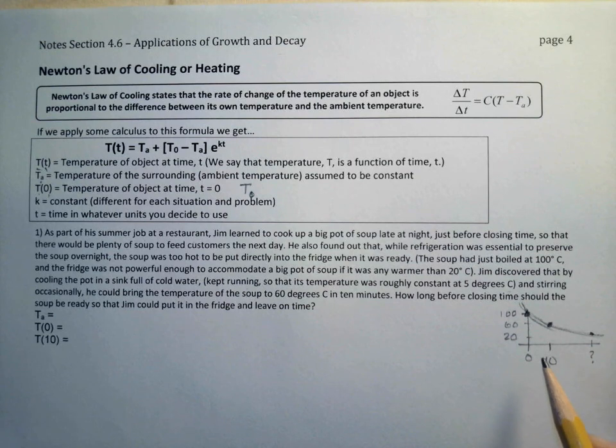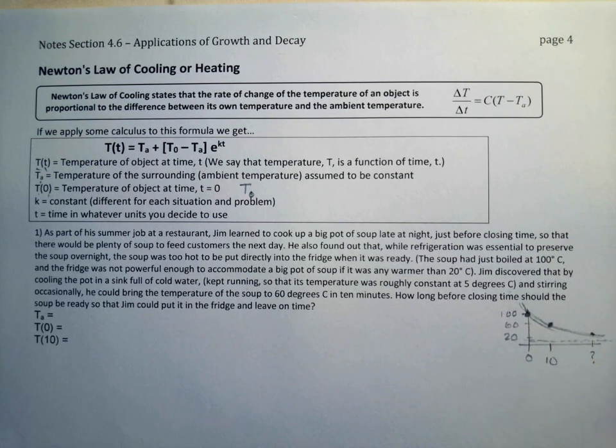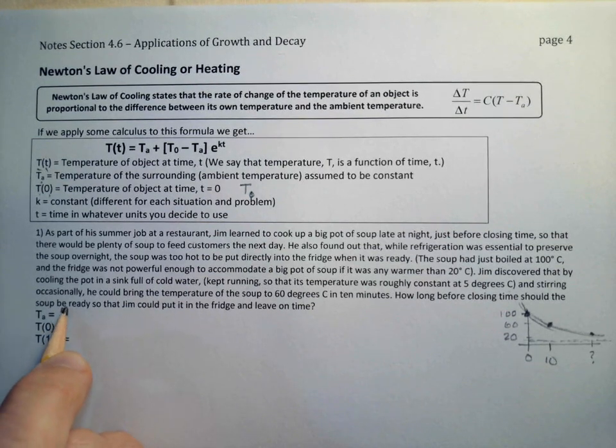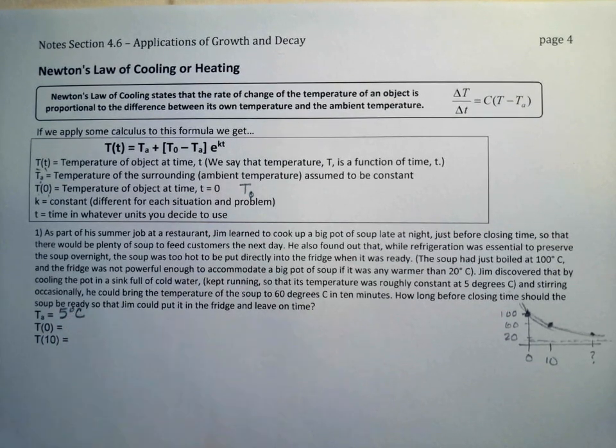If we let it sit in the sink long enough, of course, it would eventually get down to this 5 degrees Celsius. So think of that as an asymptote that it's getting closer and closer to. All right, so I've put down some things for you here. What is the ambient temperature of the water? That's 5 degrees Celsius. What is the initial temperature of the soup?